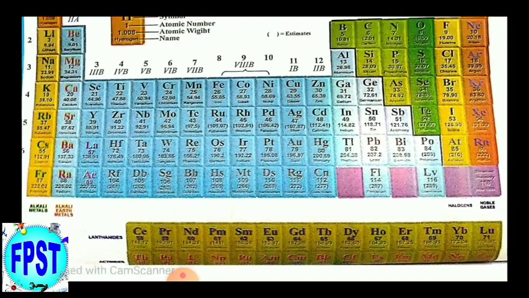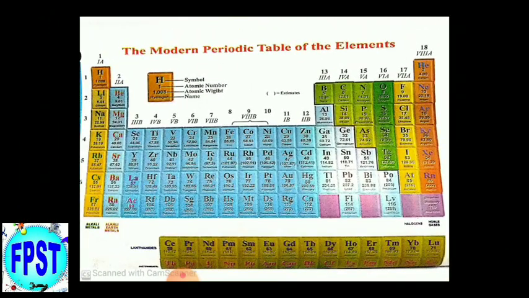So the elements are divided into 4 blocks in the periodic table: s block, p block, d block and f block. Groups 1 and 2 are s block, 13th to 18th p block, 3rd to 12th d block, and the 2 rows under the main periodic table are f block elements.